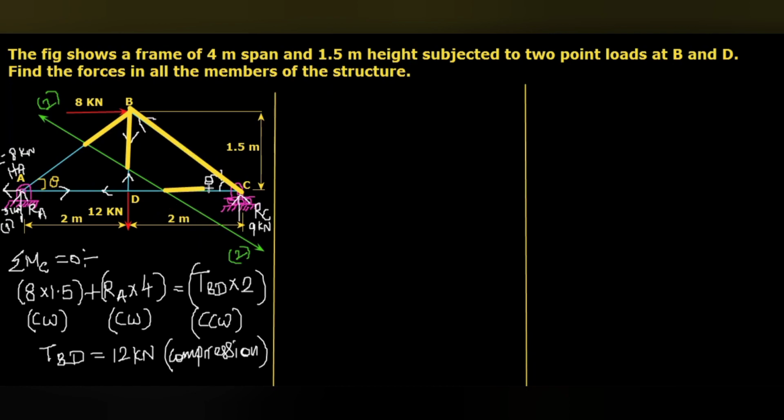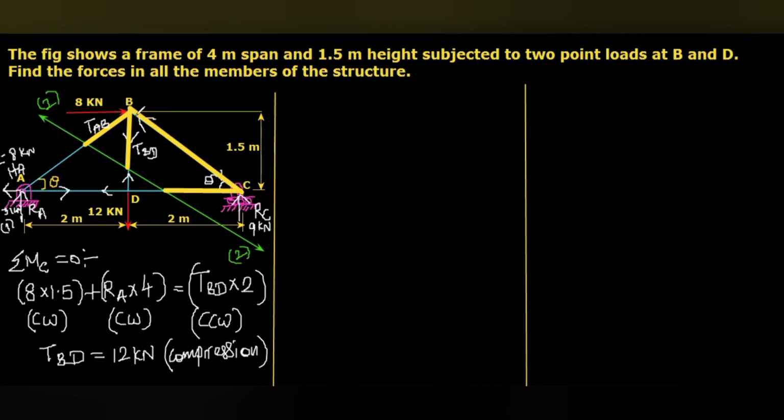Then the force in the member CD. So here there are 3 forces in the members, such as TBA or TAB, and TBD. We calculated the magnitude and direction.